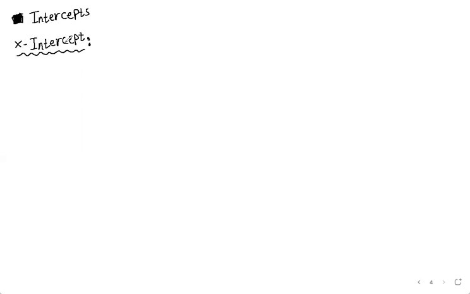Let me define it here. Any point looks like this, a comma b. This is called, a is called the x coordinate. This is review from last time. And b is called the y coordinate.